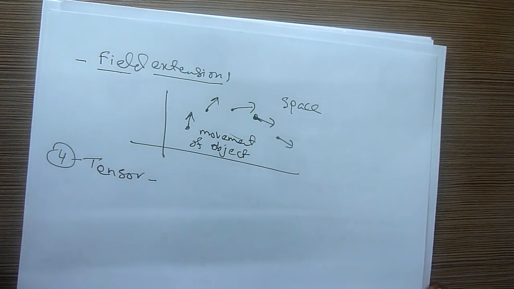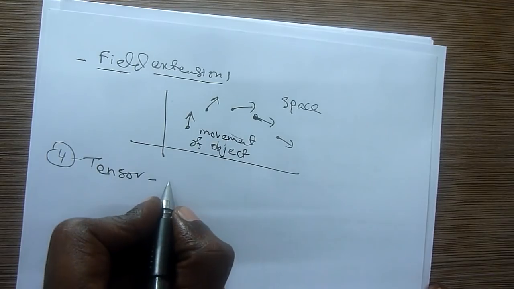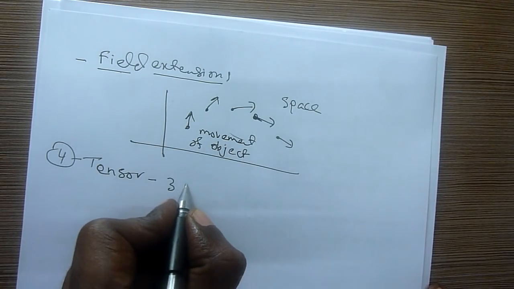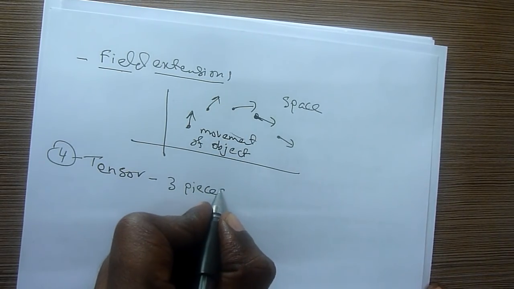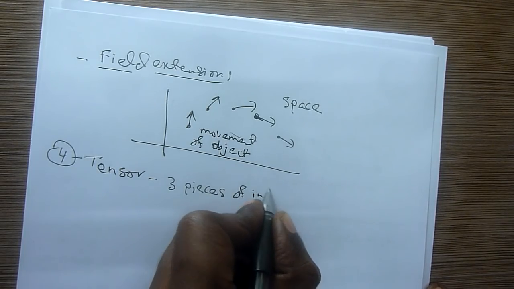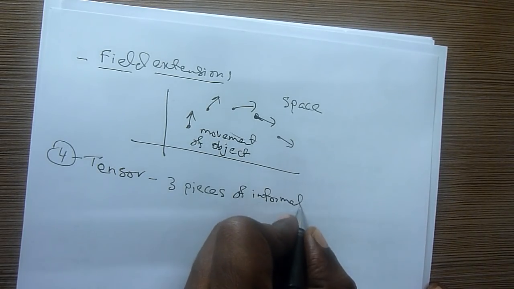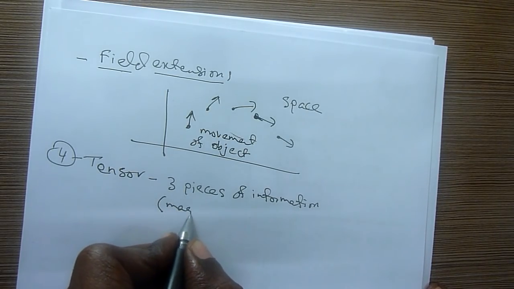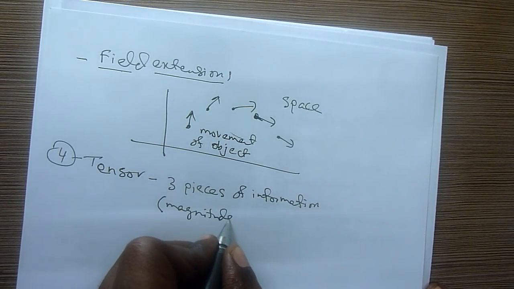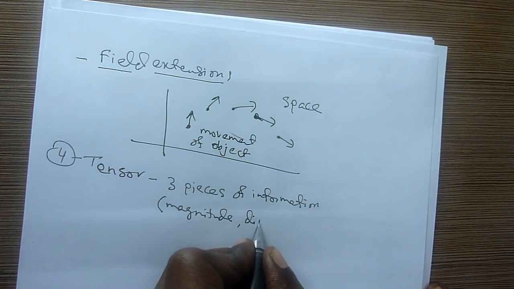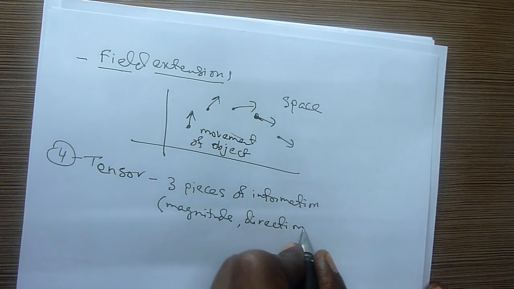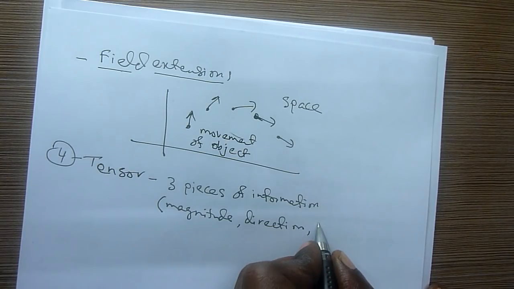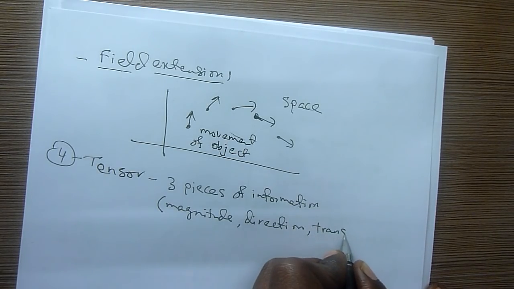What can tensor give us? Tensor basically gives us three pieces of information. It gives us not only magnitude, not only direction, but one more piece of information called transformation.